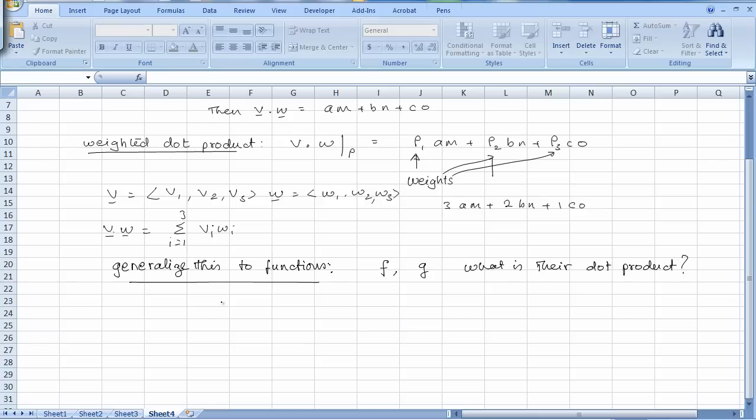The answer is that f dotted with g will be defined, and this is just a definition, as the integral. Notice the summation has become an integral: f of x, g of x, dx.